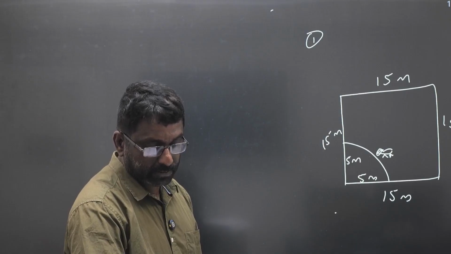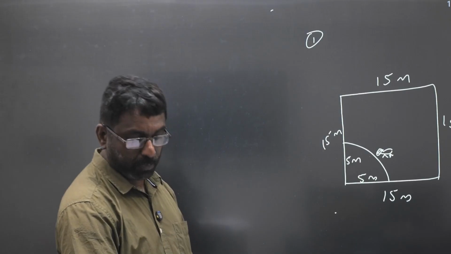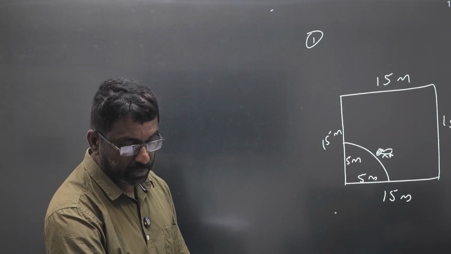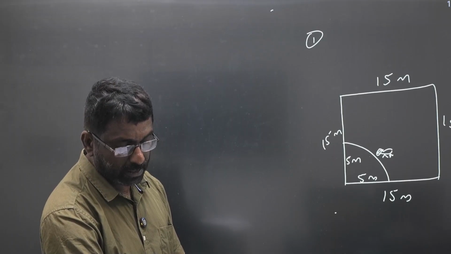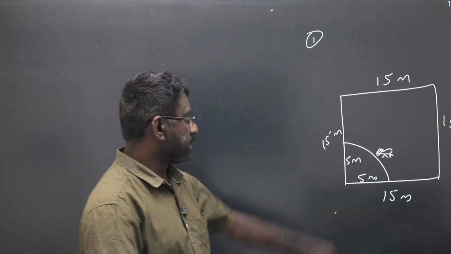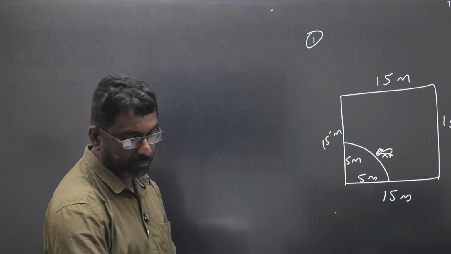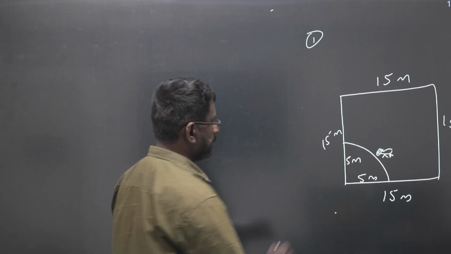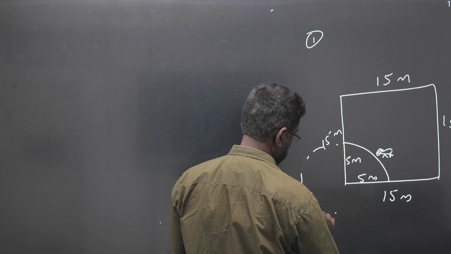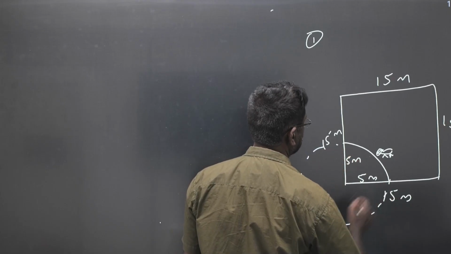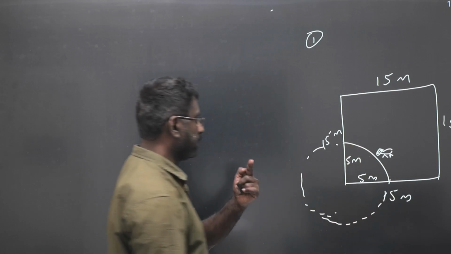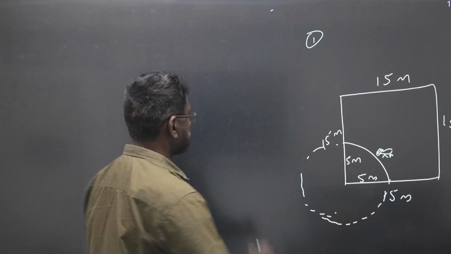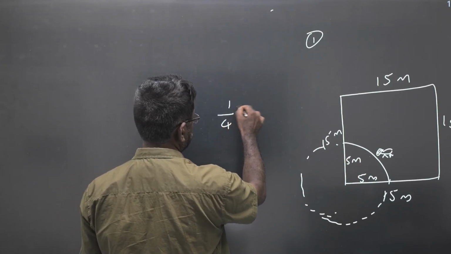Therefore, first part, the area of that part of the field in which the horse can graze if the length of the rope is 5 meter. That is actually the area of a quadrant of a circle of radius 5 meter. Actually, this describes a circle like this, and it is only one quadrant.